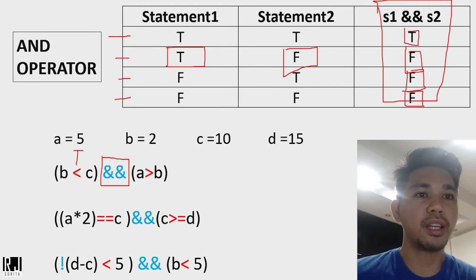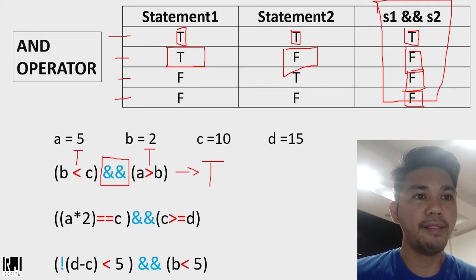So is 5 greater than 2? It's also true. Now let's look at the table. True and true. The answer should be true.